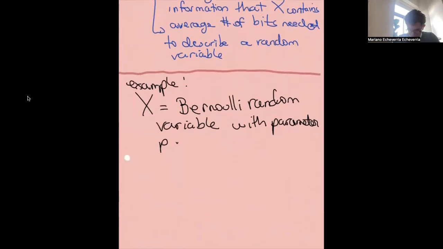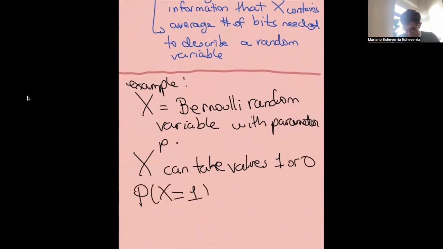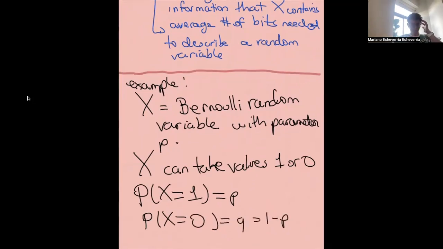It meant that X can take values 1 or 0. The probability that X was 1 was P, and the probability that X was 0 was Q, which is 1 minus P. Is that making sense? Everyone remembers this? So this was the Bernoulli random variable.